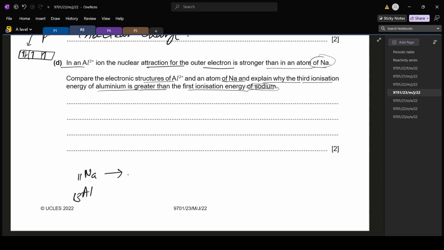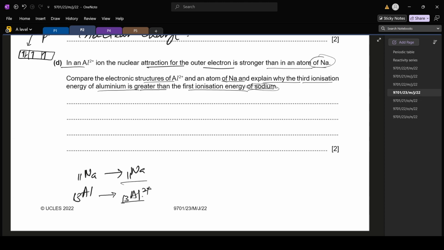Aluminum 2 plus ion has 11 electrons, but it has the same proton number because proton number does not change. So they have the same number of electrons but different number of protons, and aluminum has larger proton number, so it will have a greater third ionization energy than the first ionization energy of sodium because there is more nuclear attraction.